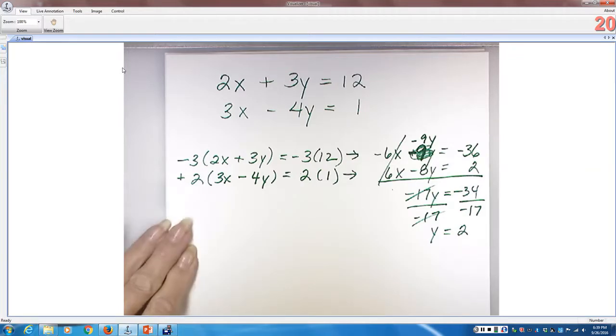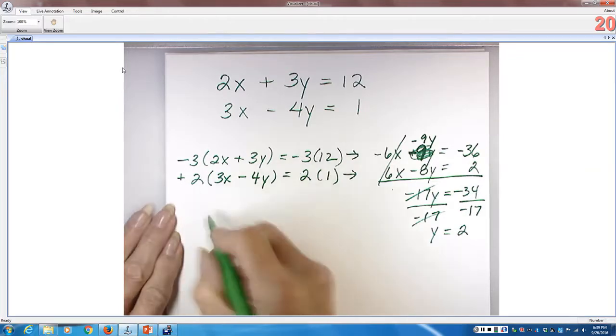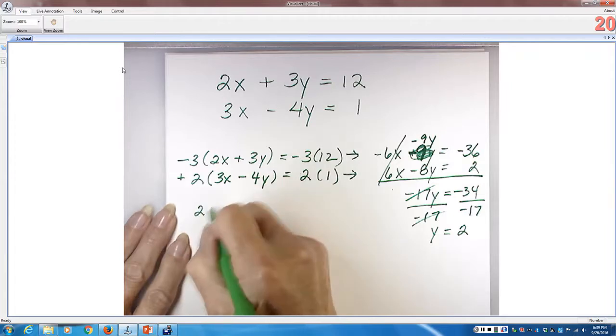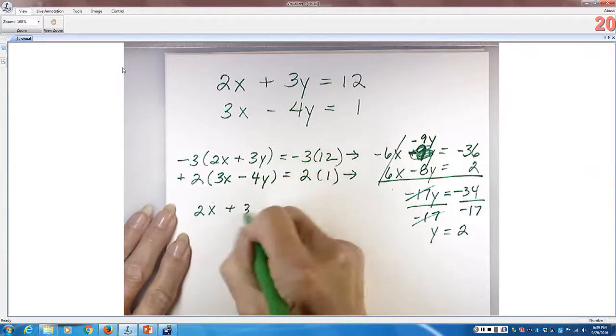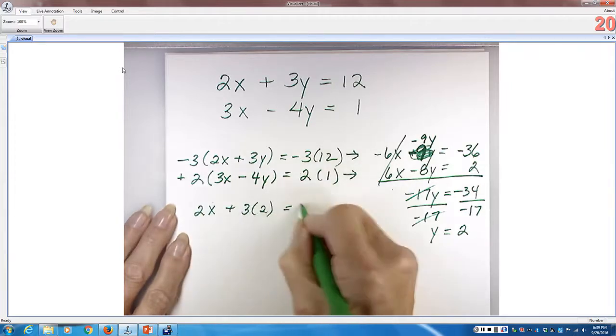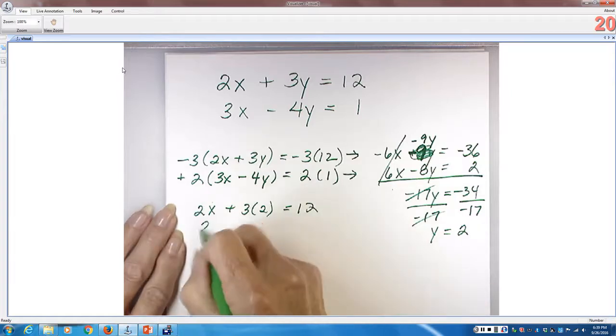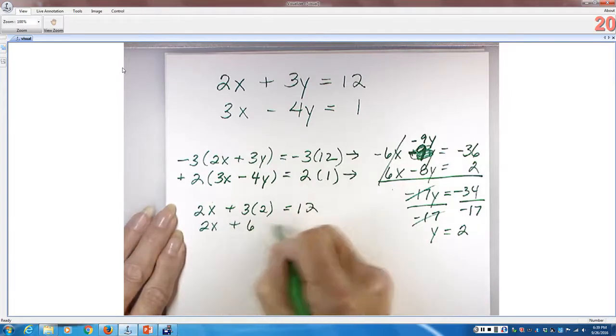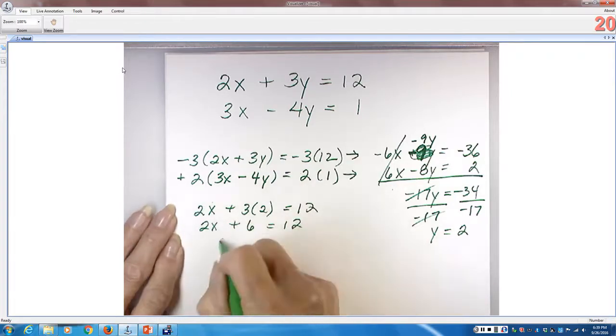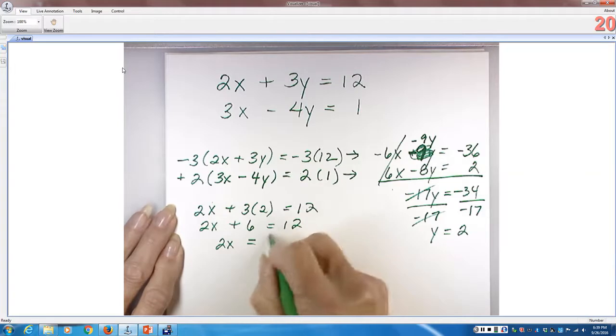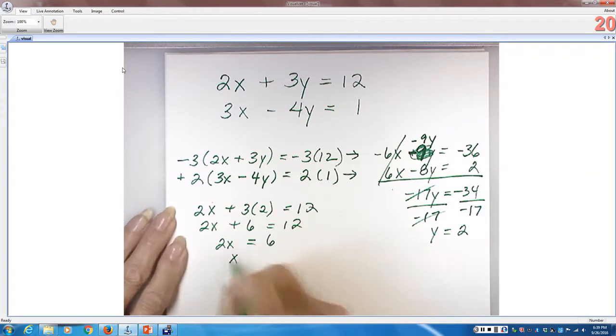And now that I know y is equal to positive 2, then I will go back and say 2x plus 3 times 2 equals 12. 2x plus 6 equals 12. 2x equals 12 minus 6, which is 6. So x equals 3.